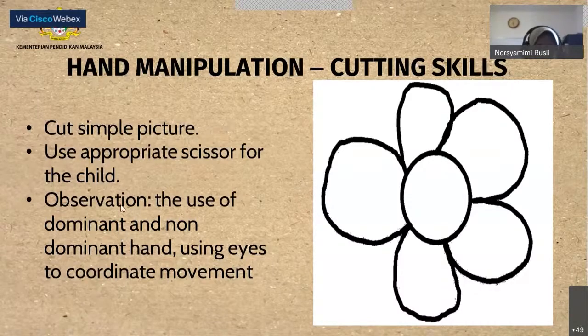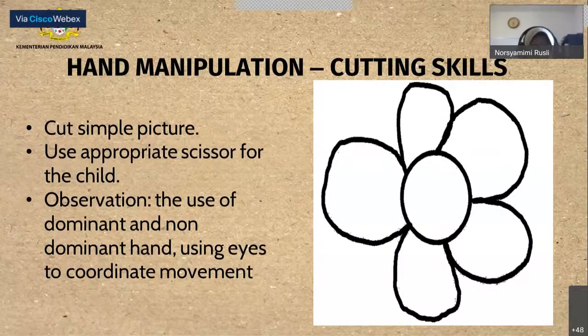So what to observe? You will observe the use of the dominant and non-dominant hand. Usually, the non-dominant hand supports the dominant hand: the non-dominant hand holds the paper, while the dominant hand holds the scissor.